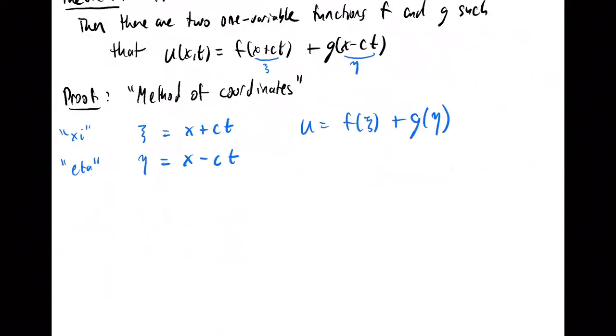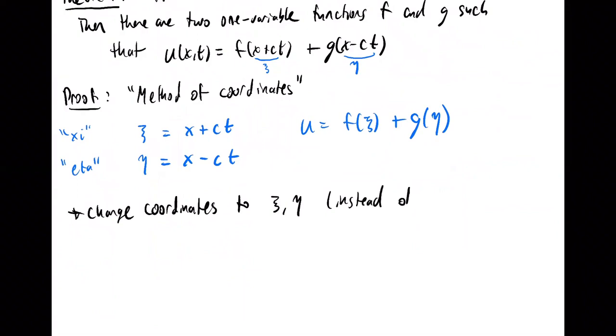We're going to change coordinates to xi and eta instead of x and t. You should think back to the change of variable formulas for integrals that involve the Jacobian when you do a change of variables in the plane.